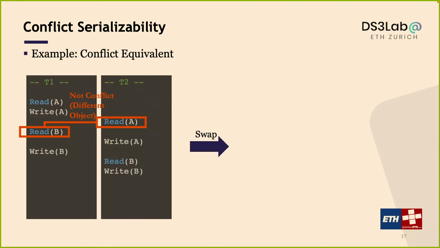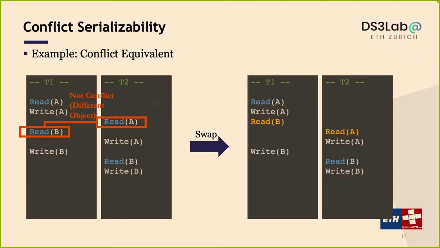I can swap the order and do the read B from T1 first and then read A from T2. These two will give you the same result, no matter what database you have and no matter what computation you are doing within these two transactions. And then you know these two are conflict equivalent.